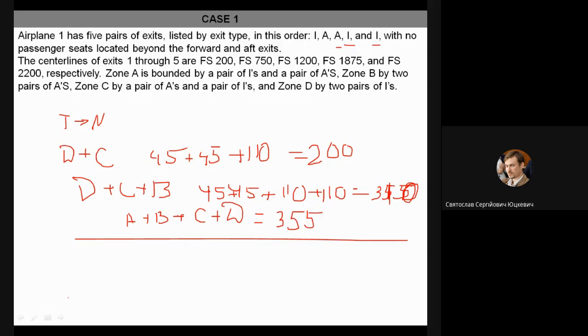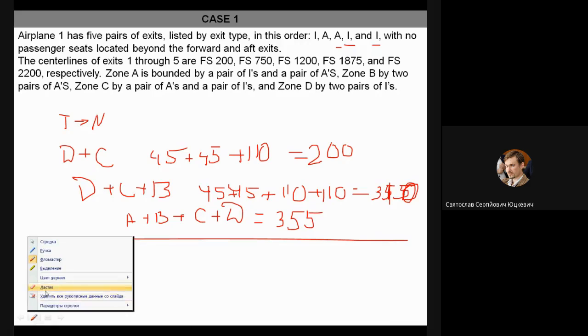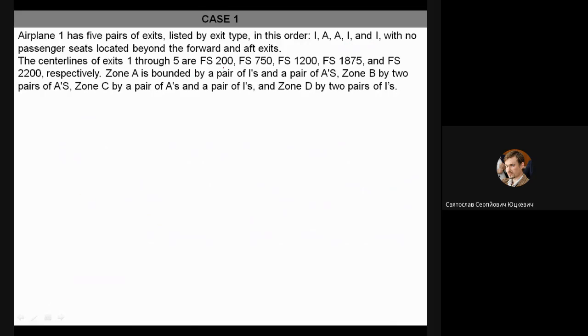Okay, next step. It's exit distribution with respect to the fuselage. So the length of the cabin. What is the length of the cabin? The initial point is 200 inches.